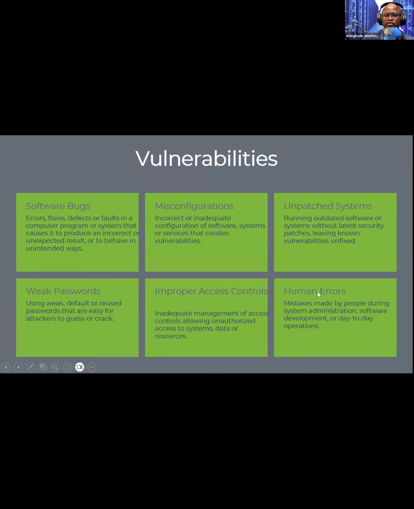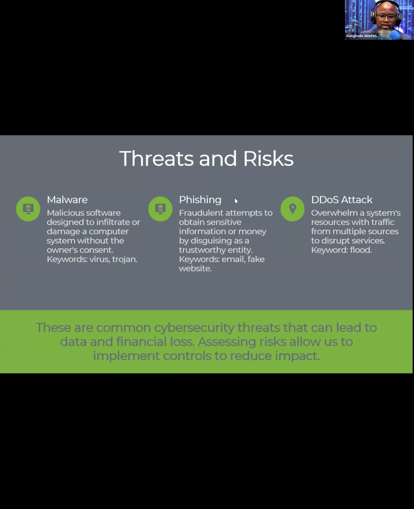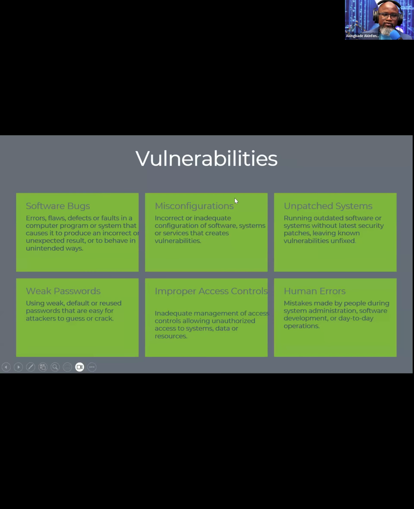Vulnerabilities, these are some of the popular vulnerabilities out there. Weakness, software bug. You remember we talked about secure software practices? Because if you build software and there's a bug, that is the bug people will use to attack you. Another popular one is misconfiguration. How do you configure your systems? If you misconfigure it, then automatically you've exposed your environment.